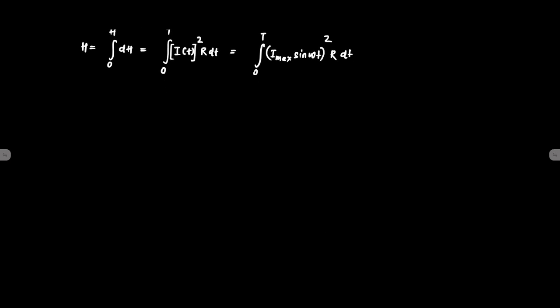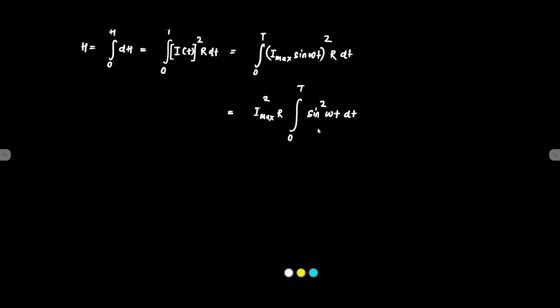This can be further written by taking I max square and R outside: I max square R, integration of 0 to T sine square omega t dt. I max square R are constants, and here we are integrating with respect to time. This is the only function with respect to time.